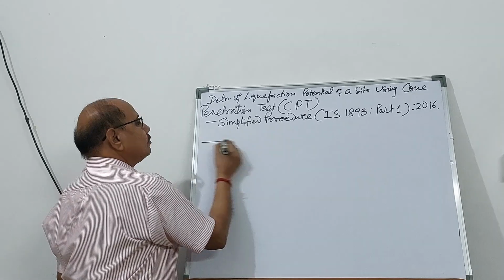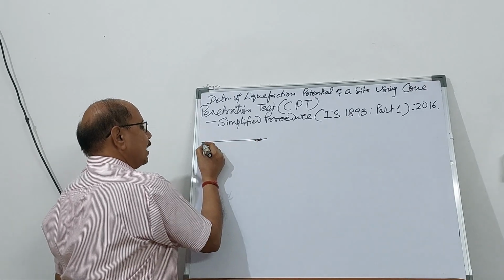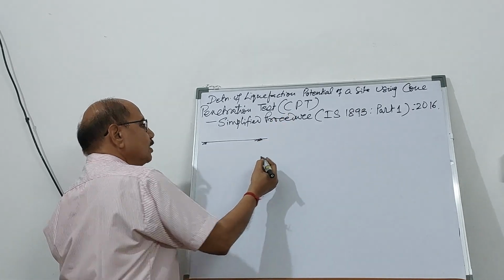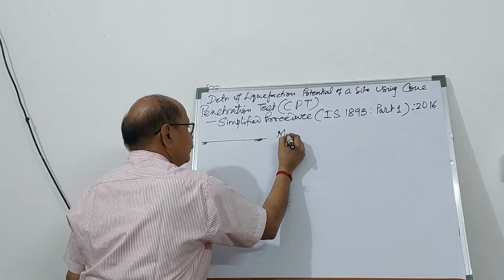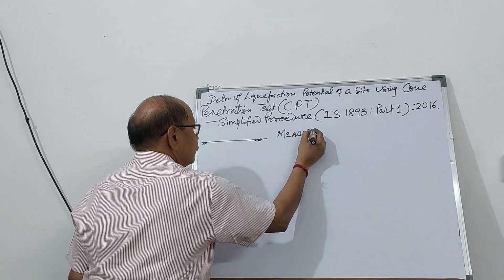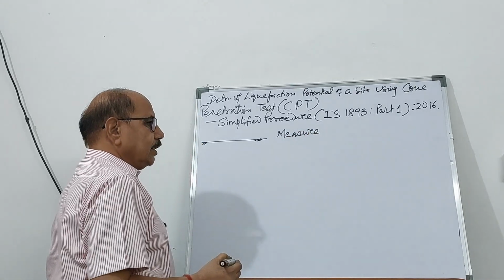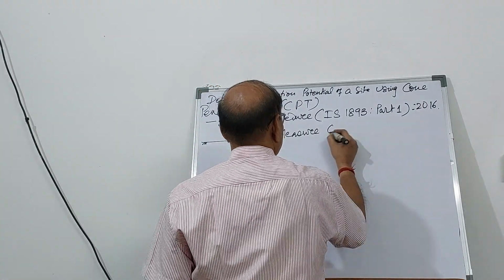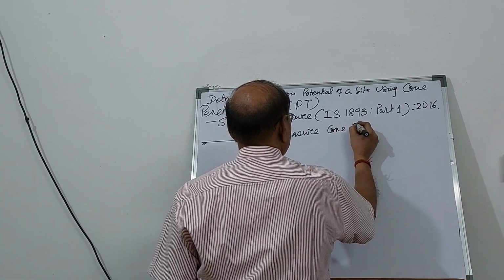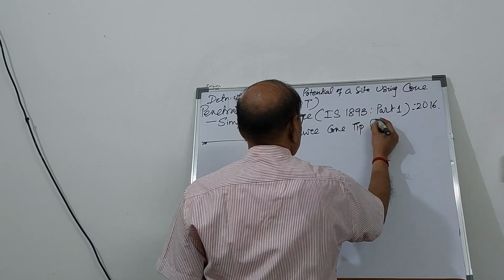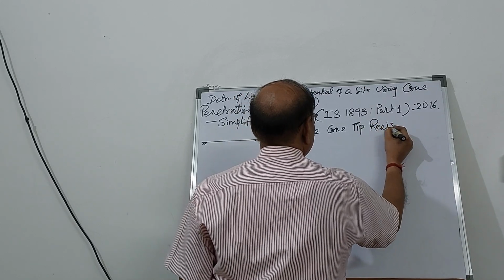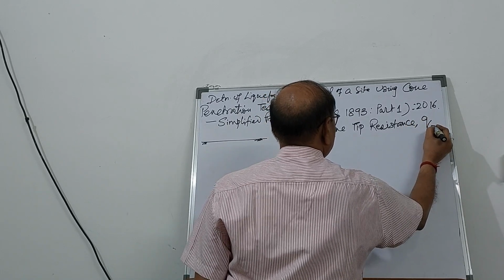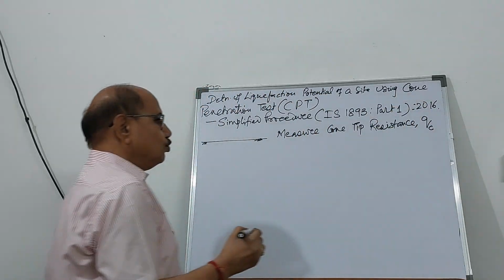So at a site, when we go to the site, we perform cone penetration test and we measure the cone tip resistance, which we call QC.